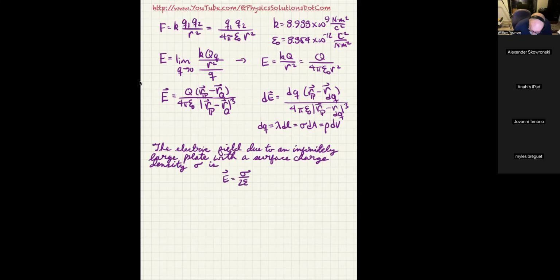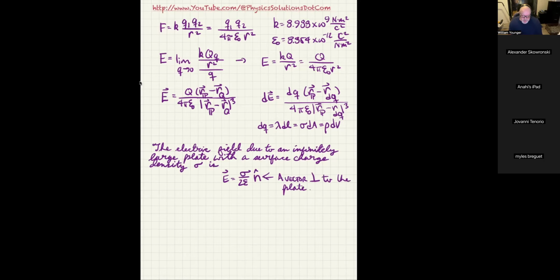And to make it a vector, I'll just say it's in the n hat direction, and n hat means a vector perpendicular to the plate.